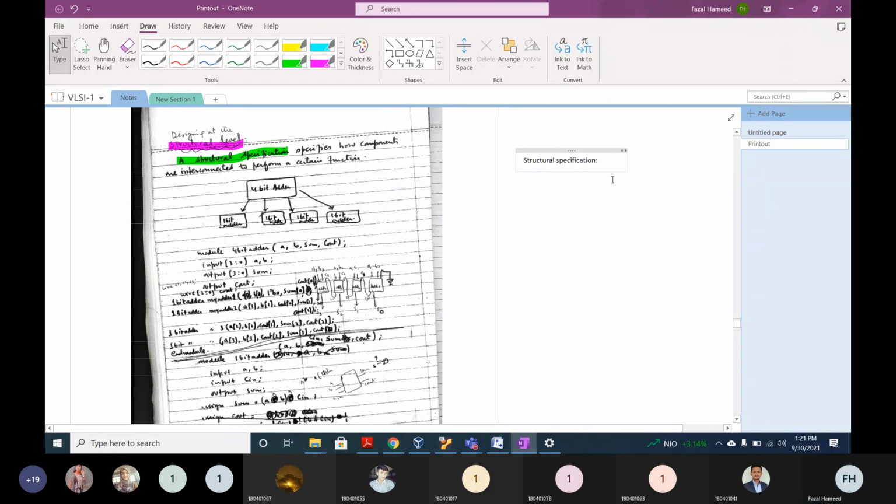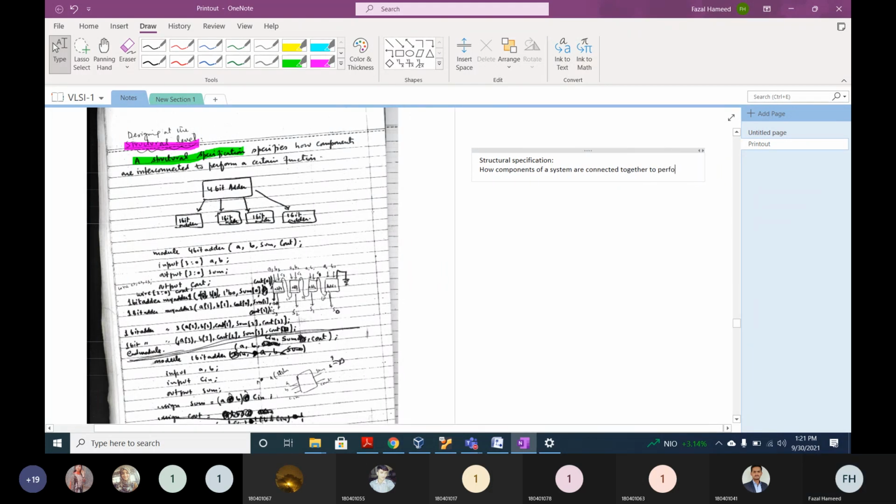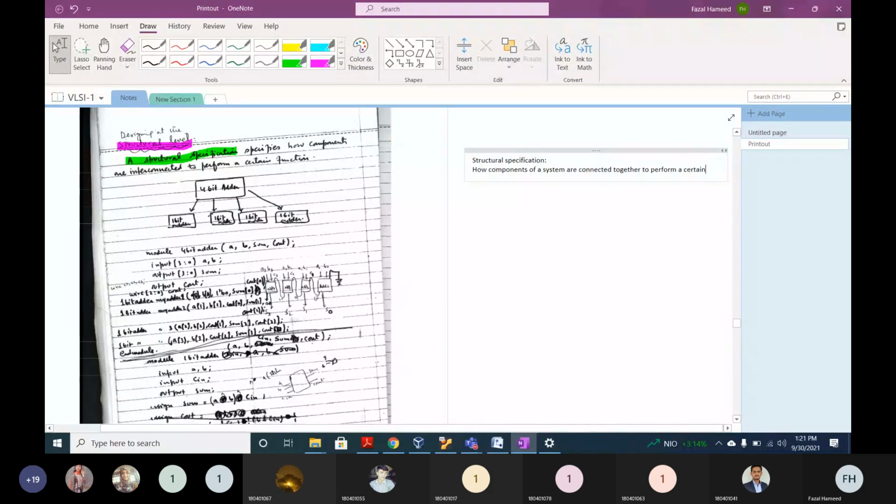Specification means how components of a system are connected together to perform a task. So what can be the structural specification of a microprocessor?